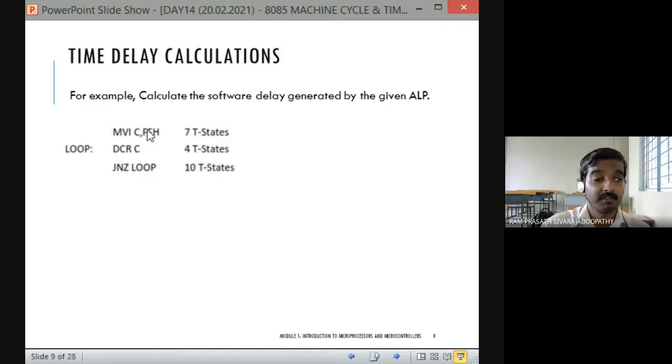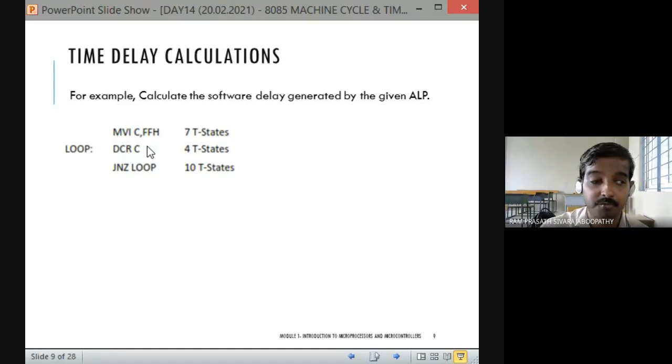So the very first instruction, MVI C, FF, takes 7 T states. Already we know. DCR C takes 4 T states. Then JNZ loop takes 10 T states. Is this clear to everyone? Do you know how this comes? MVI C: opcode fetch, memory read.